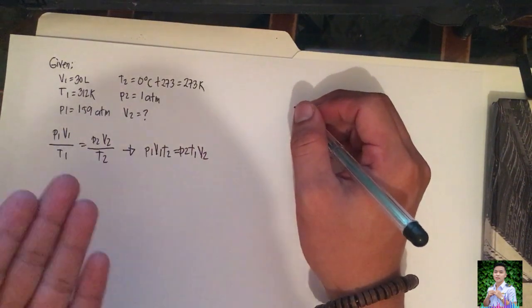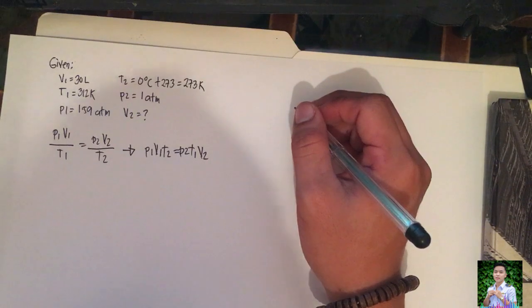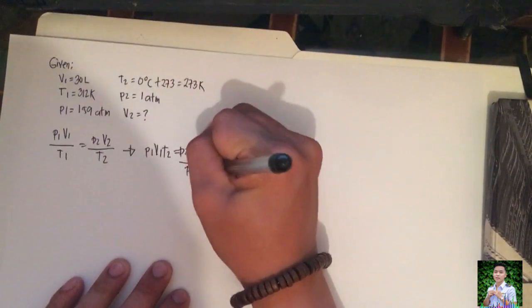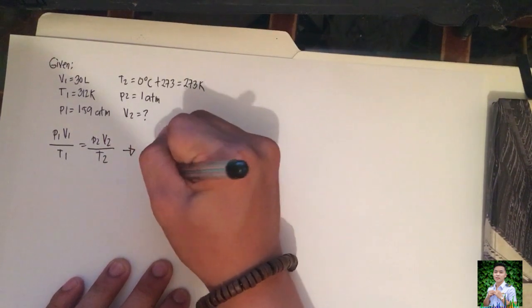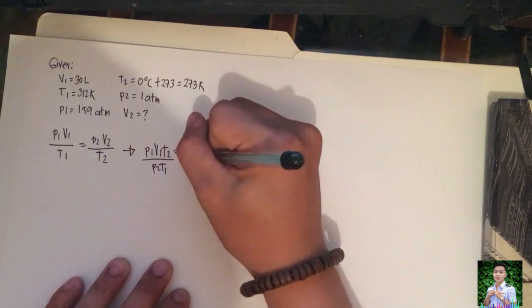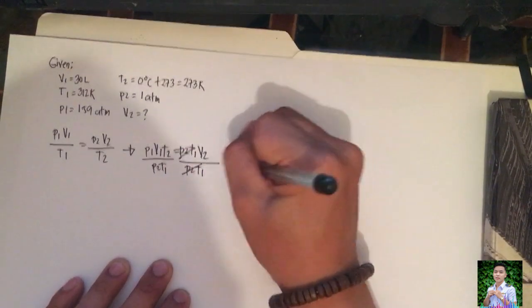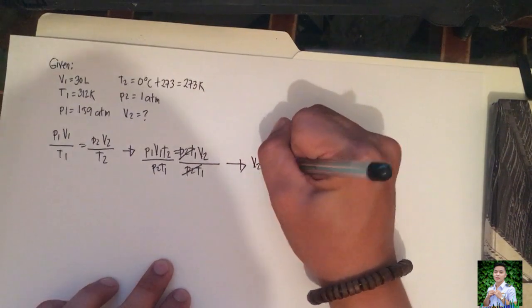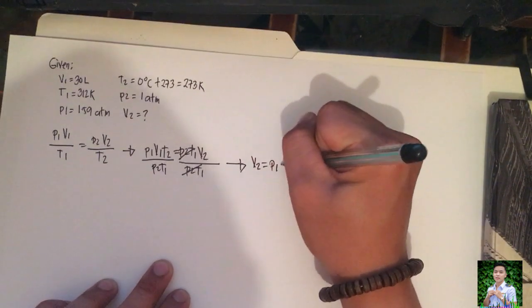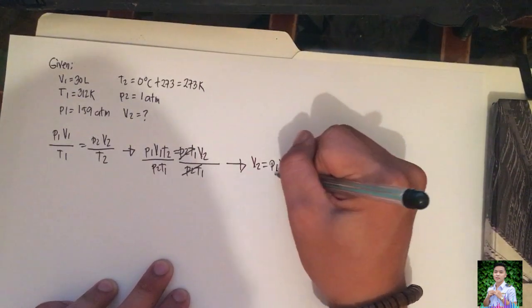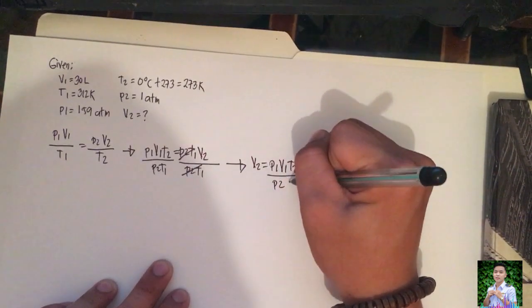And by dividing both sides with P2 times T1, we have V2 is equal to P1 V1 times T2 all over P2 times T1.